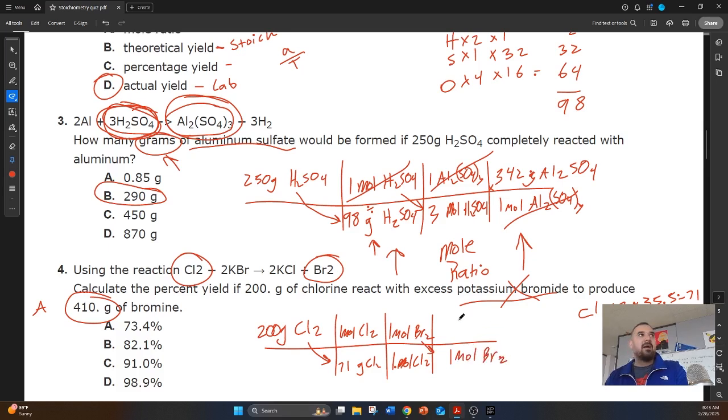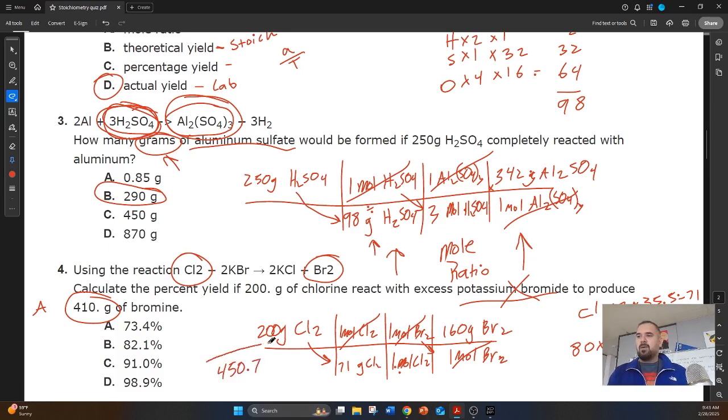And then up here, we're going to have the molar mass, which is 80 times 2, which is 160. And then we could go ahead and cross out all of our ones and divide by the bottom, multiply by the top. So 200 divided by 71 times 160, and that gives us 450.7.